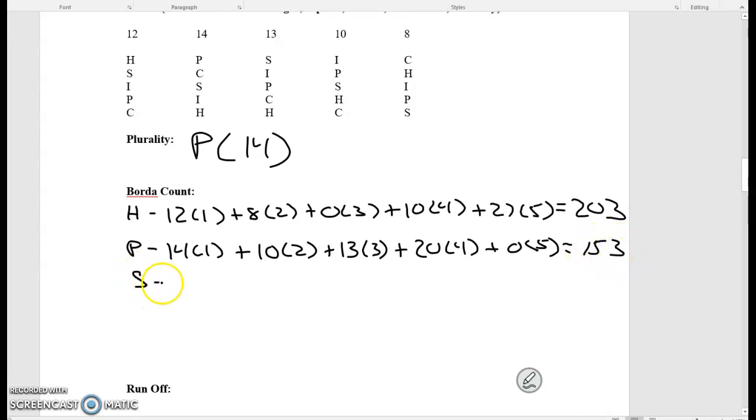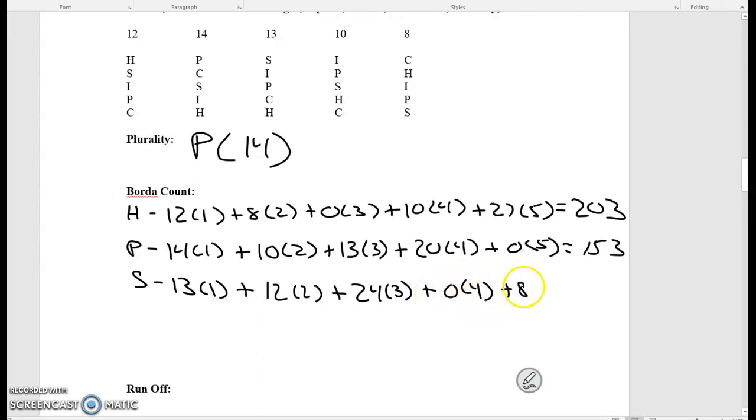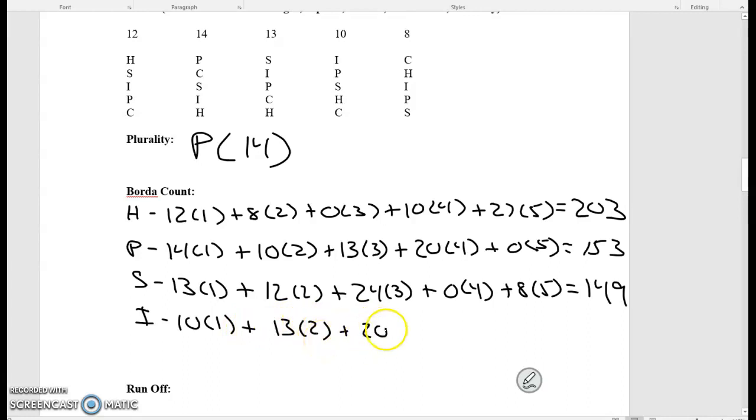As I come to S, 13 first place votes, 12 second place votes, 24 third place votes, 0 fourth place votes, and 8 fifth place votes, and that score is 149. For I, 10 first place votes, 13 second place votes, 20 third place votes, 14 fourth place votes, and 0 fifth place votes gives me a score of 152.